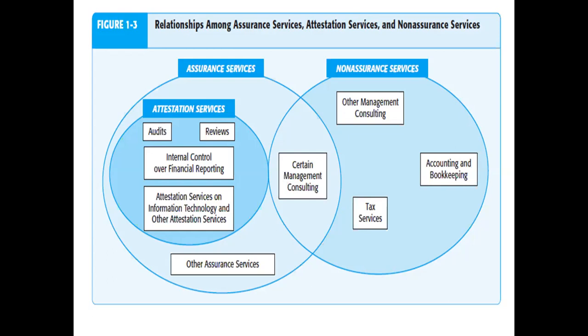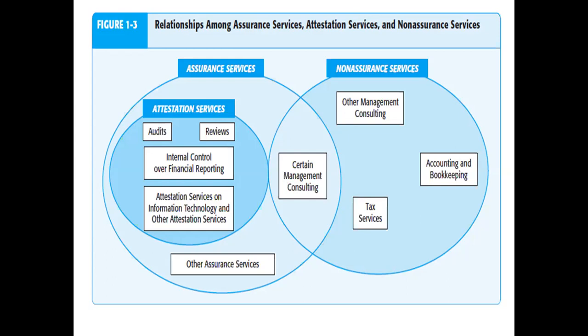Attestation services contain audit of historical financial statements, review of historical financial statements, and internal control over financial reporting. The external auditor or CPA firm can be asked to evaluate internal control over financial reporting as a standalone service.